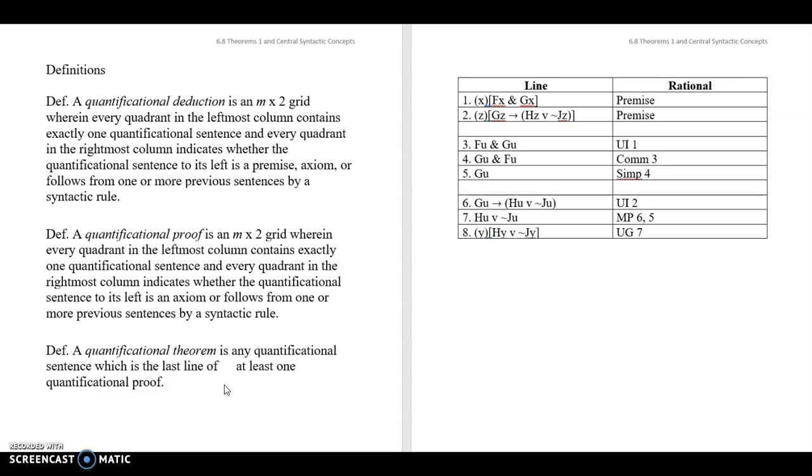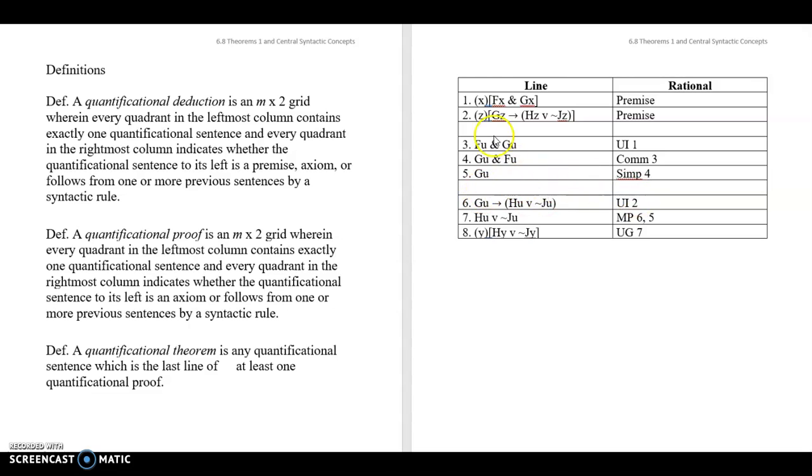Okay, so the first thing we need in order to start talking about theorems is to remind ourselves of some definitions. The first one here is just review. A quantificational deduction, much like a propositional deduction, is an m by 2 grid. So here's an 8 by 2 grid, where every quadrant in the leftmost column, that would be this one, contains exactly one quantificational sentence. And notice that's true.